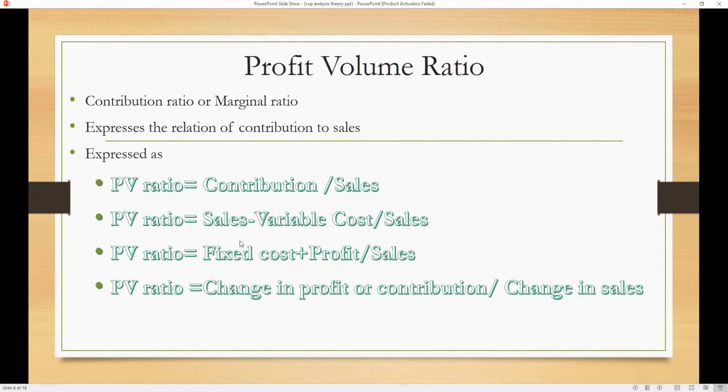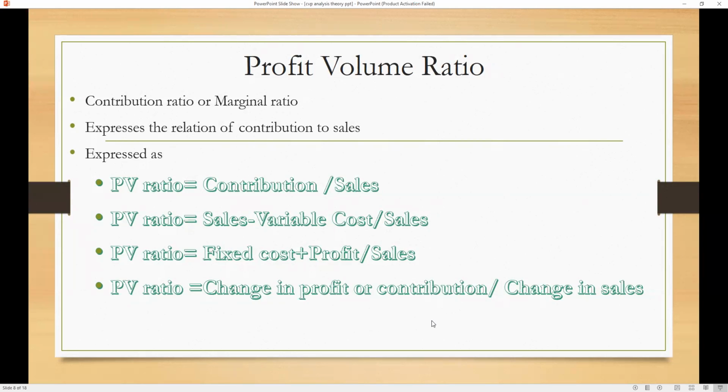Similarly, it can again be rewritten as your sales minus variable cost is equal to fixed cost plus profit. So PV ratio can also be calculated using your fixed cost plus profit divided by sales. And the other formula is change in profit or contribution divided by change in sales.